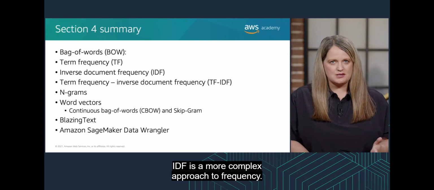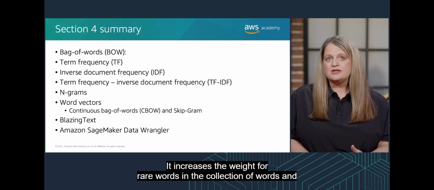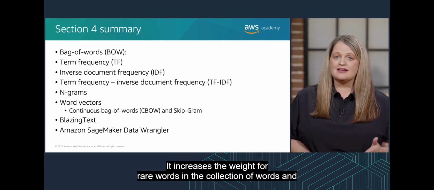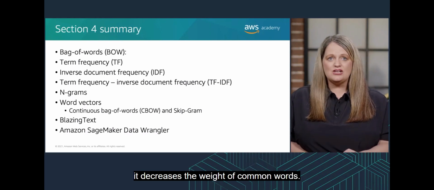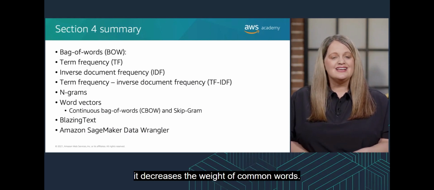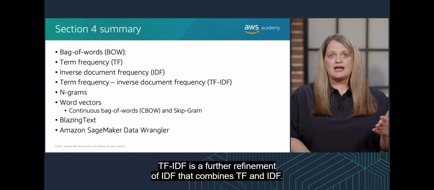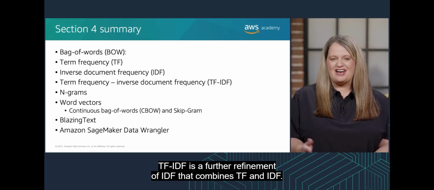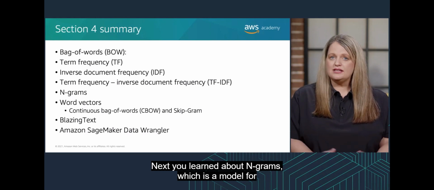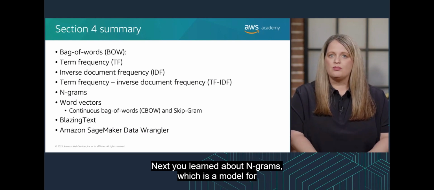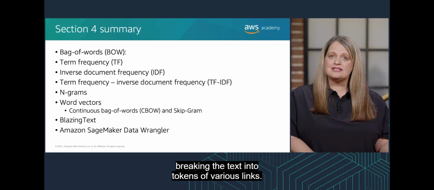IDF is a more complex approach to frequency. It increases the weight for rare words in the collection of words, and it decreases the weight of common words. TF-IDF is a further refinement of IDF that combines TF and IDF. Next, you learned about n-grams, which is a model for breaking the text into tokens of various lengths.